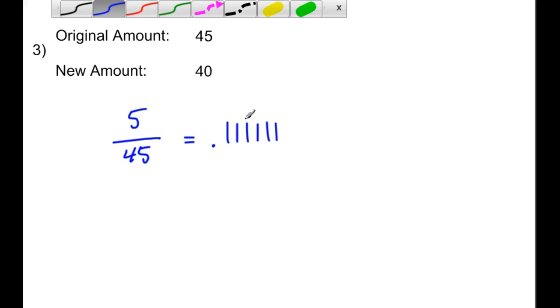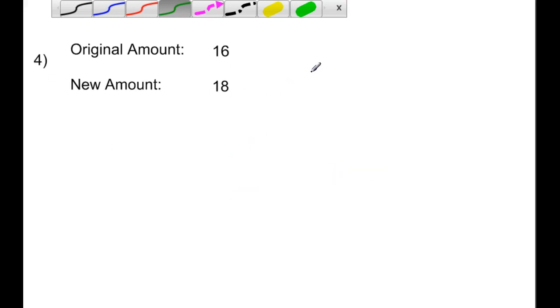You don't have to write this many places. Move it 2 places to the right. 1, 2. So it's going to be 11.1. You could put the repeating symbol over it. Now write percent because you've moved the decimal 2 places to the right. It got smaller from here to here, so this is a decrease. 11.1% decrease.